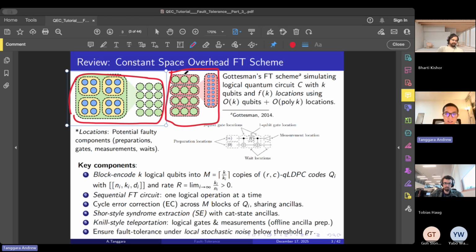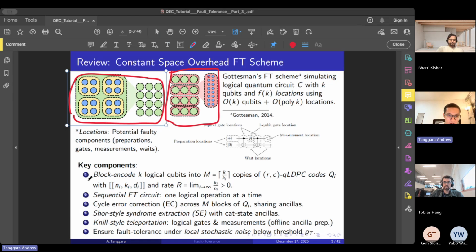So I have these 16 qubit codes that encode 3 logical qubits. Instead, I'm going to use 4 of them to encode these 12 logical qubits.